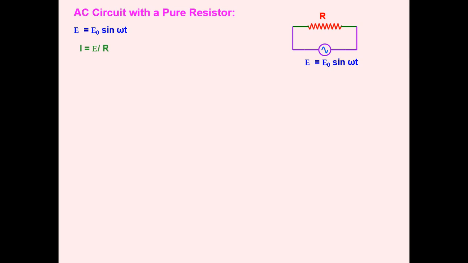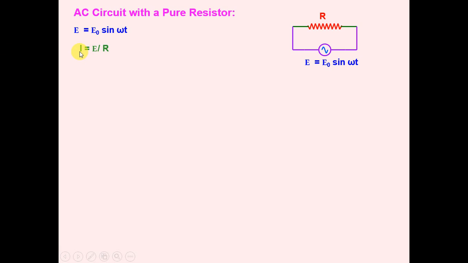Now we know that using Ohm's law, if this is the voltage which we have applied, the alternating current that will start flowing through the circuit having resistor R can be written as V over R, voltage over resistance. So here this is the alternating voltage or EMF over resistance.